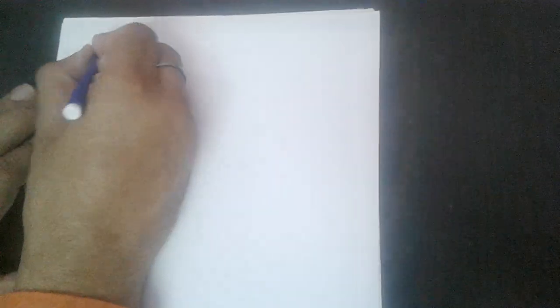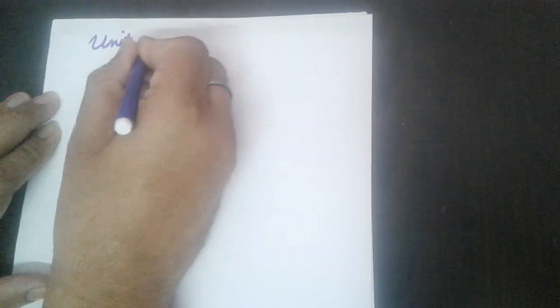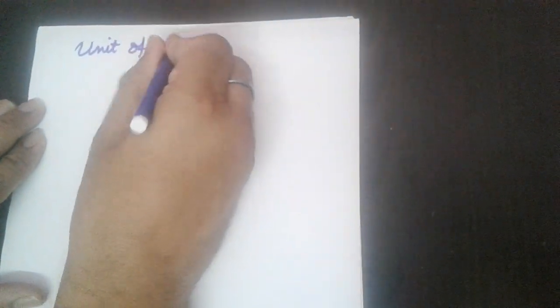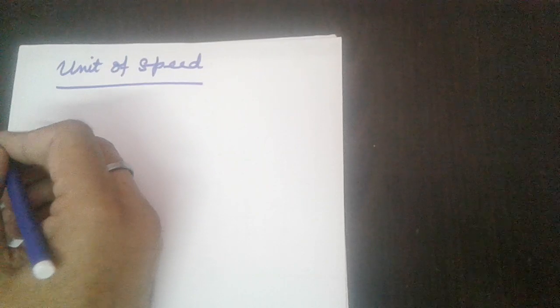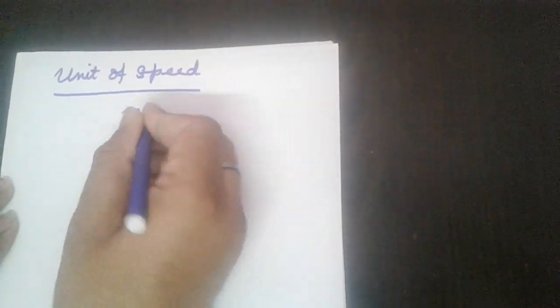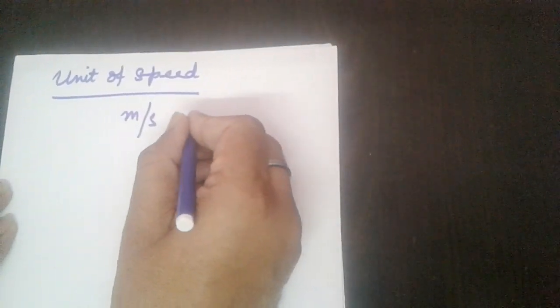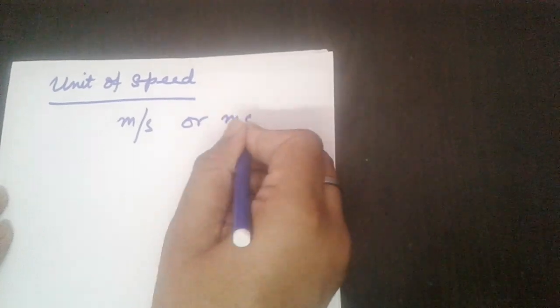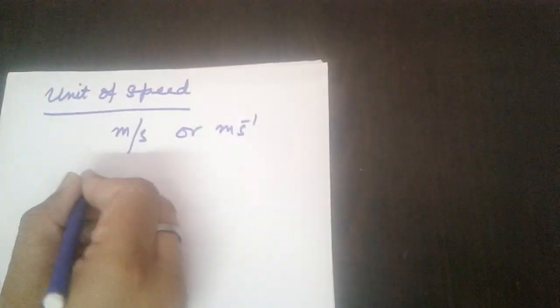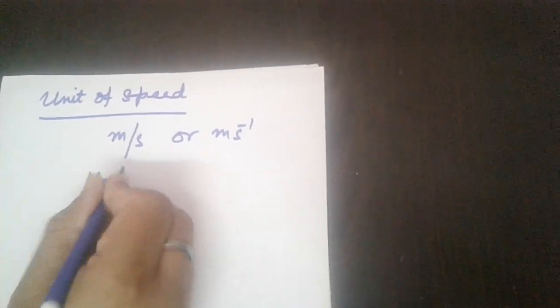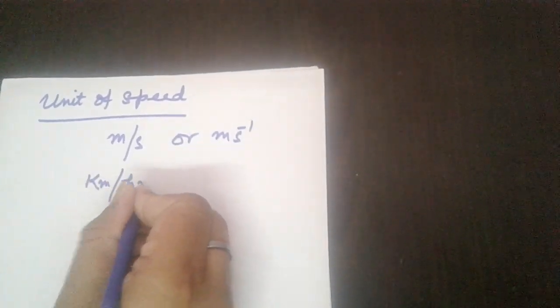Now the unit of speed. The SI unit of speed is meter per second. You can write it also. Now the other unit is kilometer per hour.